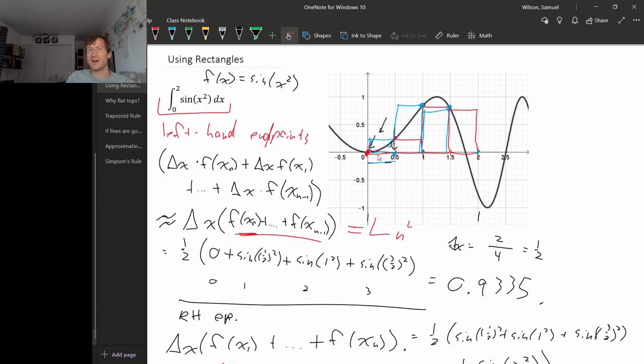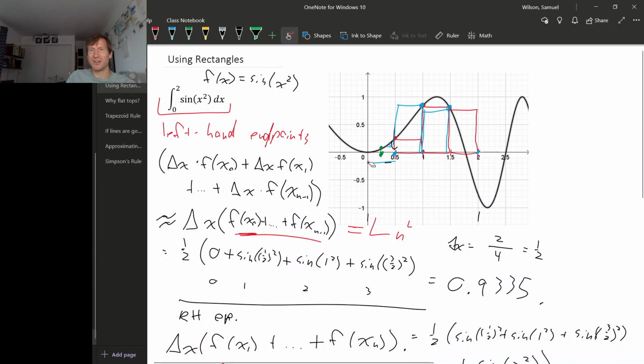Either it's an extra corner that's above the graph, or a missing corner that you should have gotten below the graph. And one nice way to compensate for these extra and missing rectangles is, instead of using the endpoints of an interval, use the midpoint of an interval, like this. So for this first interval, the midpoint is right in the middle here, and so the height of our rectangle is there. So like this.